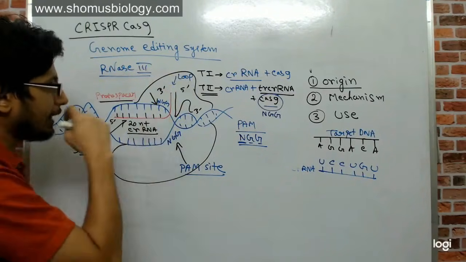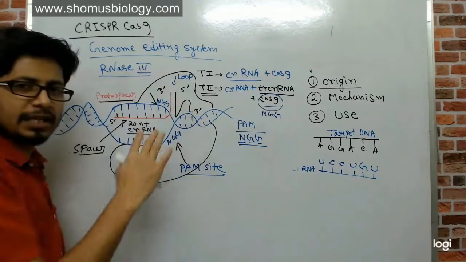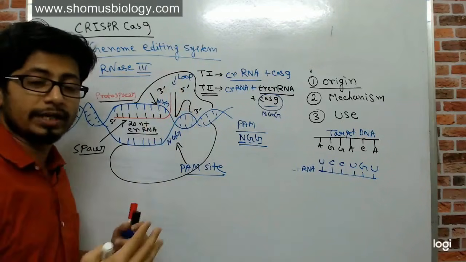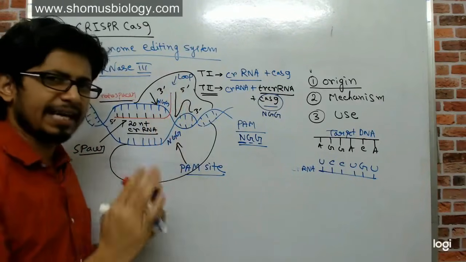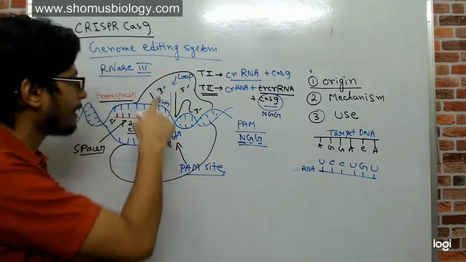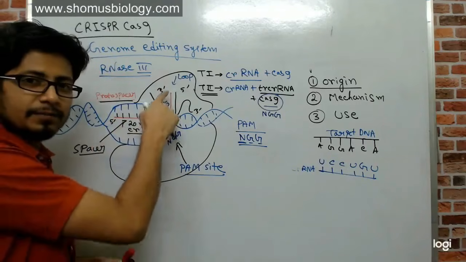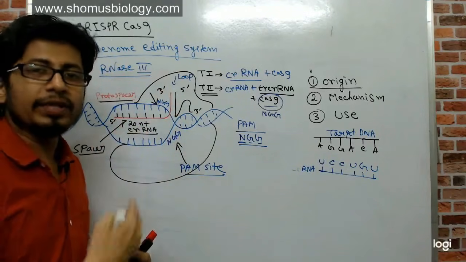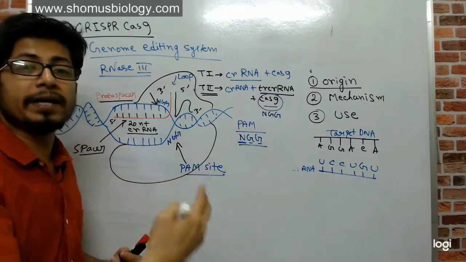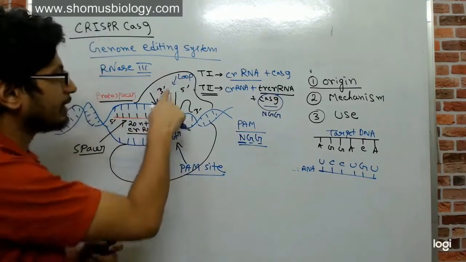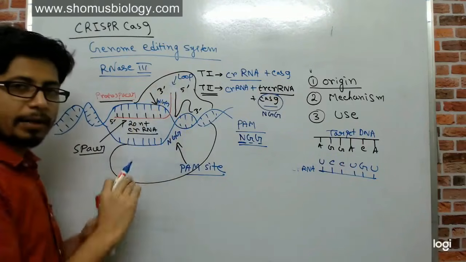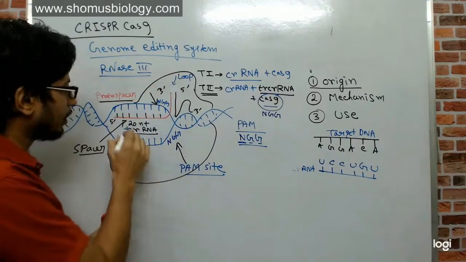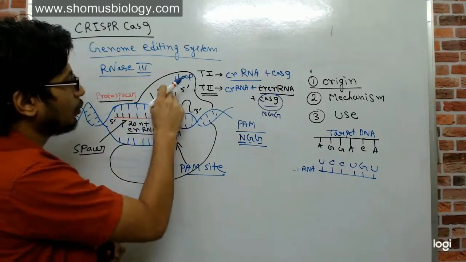The role of the tracr element is not yet clear, how it is loaded and what exactly it does, but it was found that it has some role in stabilizing the CRISPR RNA through complementary pairing with the target DNA strand. That's why the tracrRNA is required. Once the proper positioning of the crRNA is done, the loop is cleaved by RNase 3.